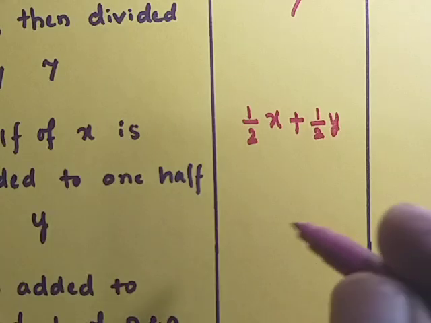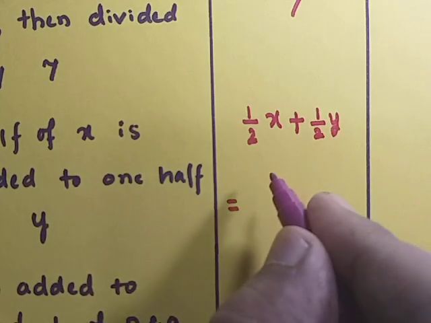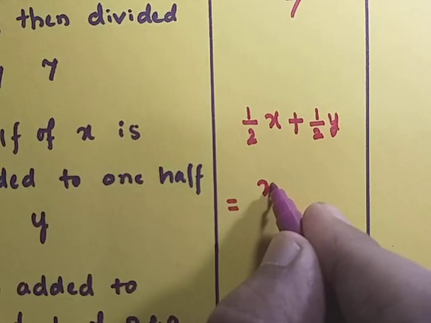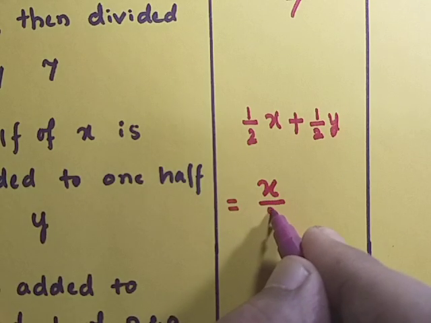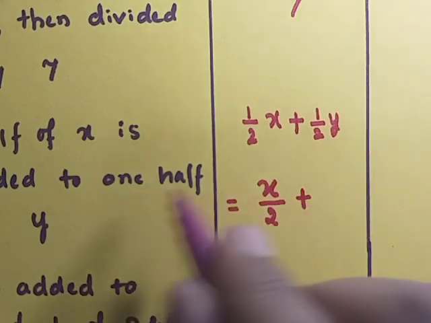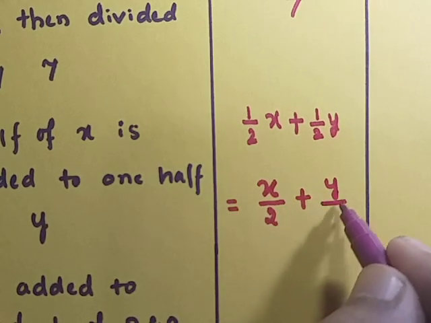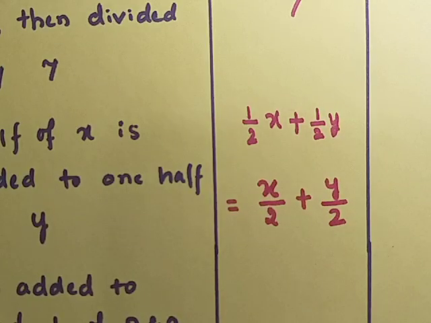Somebody can also write it like this. The improved version of this writing will be x by 2, that is half of x, plus 1/2 of y, means again half of y, that is y by 2. This is how an algebraic expression is obtained.